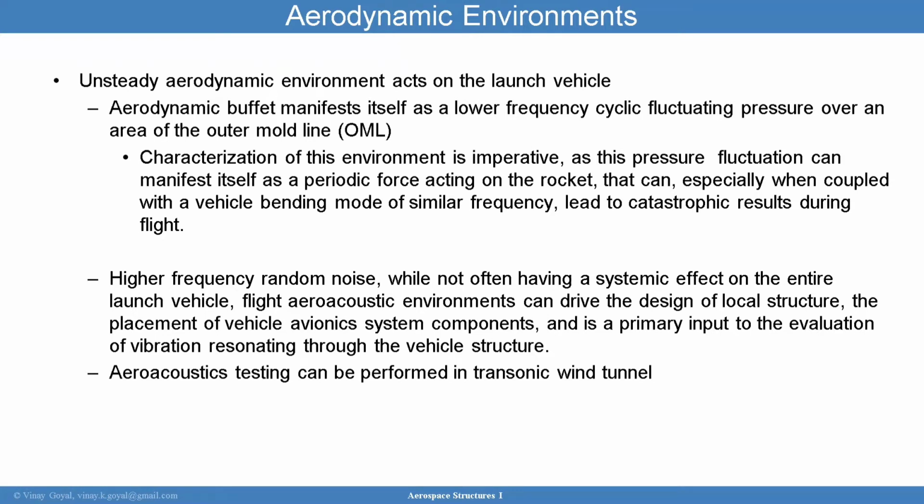Characterization of these environments is highly important because this pressure fluctuation can manifest itself as a periodic force acting on the vehicle, that can actually cause catastrophic results during flight if we're not looking at that carefully and it is coupled with the vehicle bending mode.